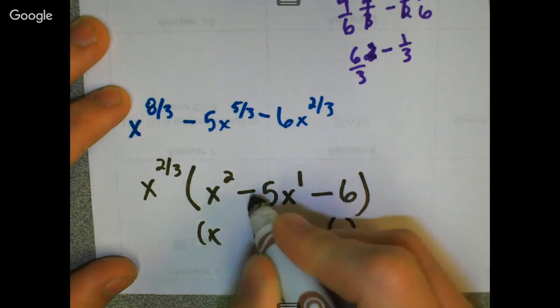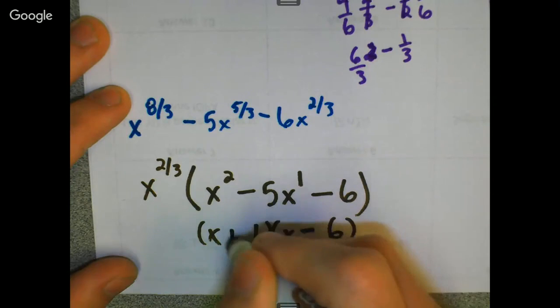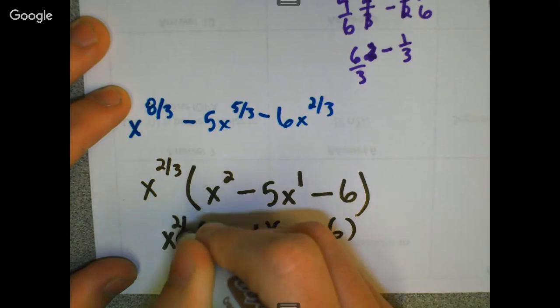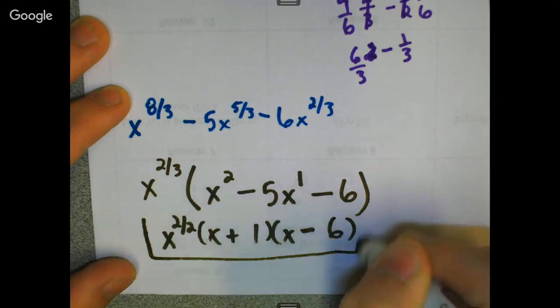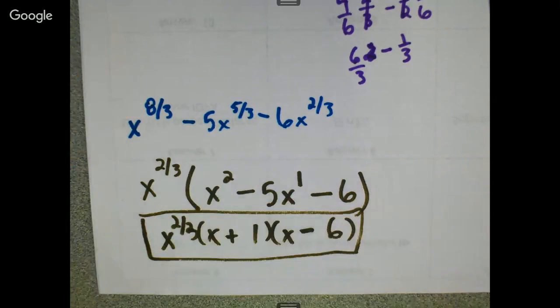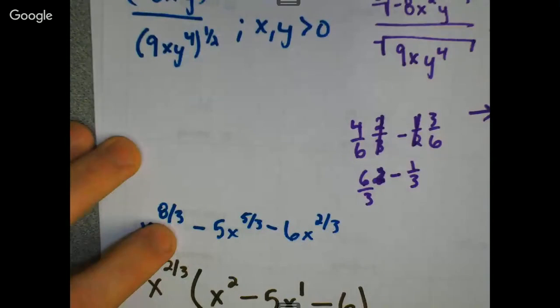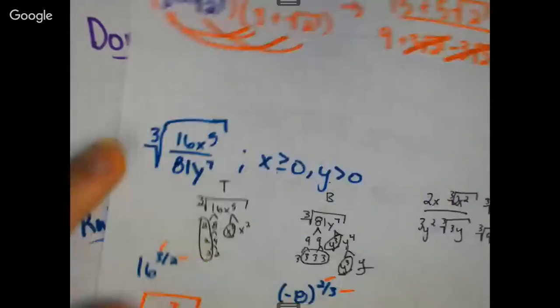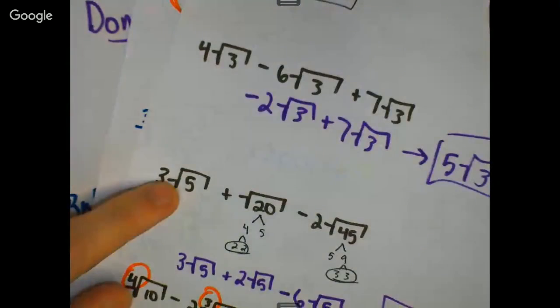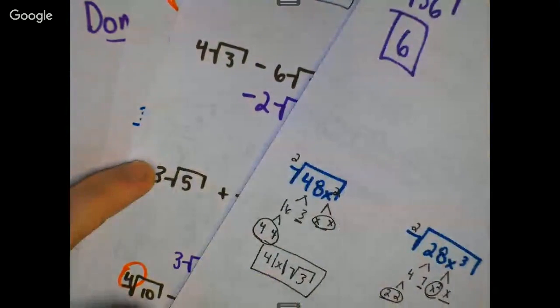Signs are different. The bigger one is negative. And don't forget about rewriting your greatest common factor. X to the 2/3. Okay? That's it. I know that seems like it's pretty difficult, and it can be if you're not taking your time and really working them out.